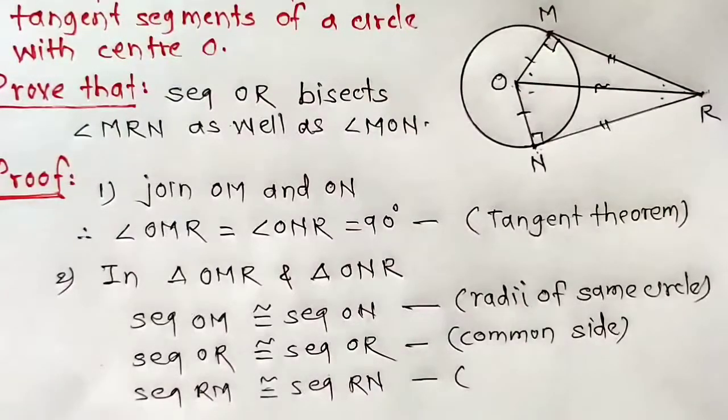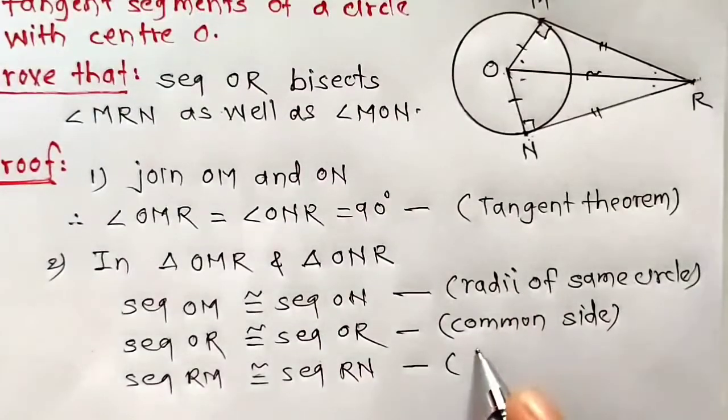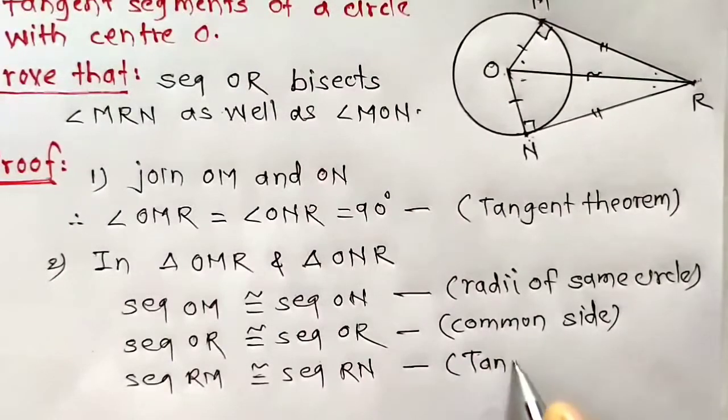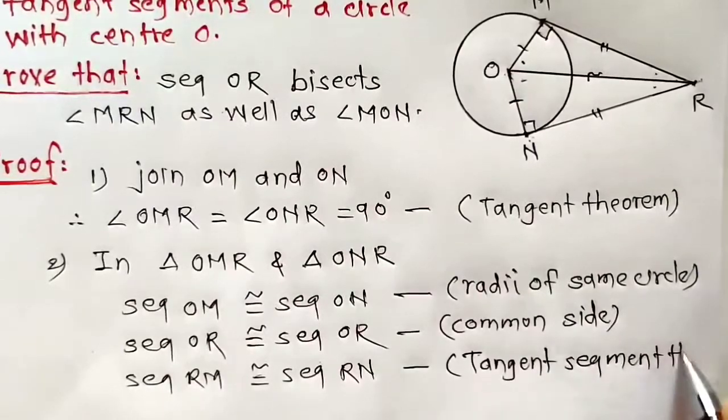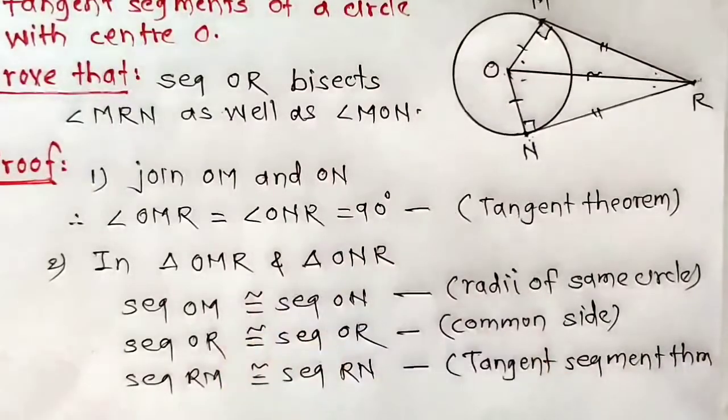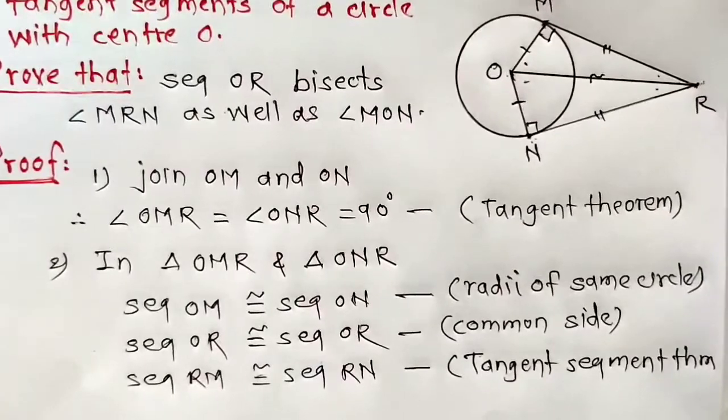By the tangent segment theorem: tangent segments drawn from an exterior point are congruent. Here no need to write this 90 degrees because there is no use of that. We have written it, but no need to write. Directly we can prove these triangles congruent by the SSS test.